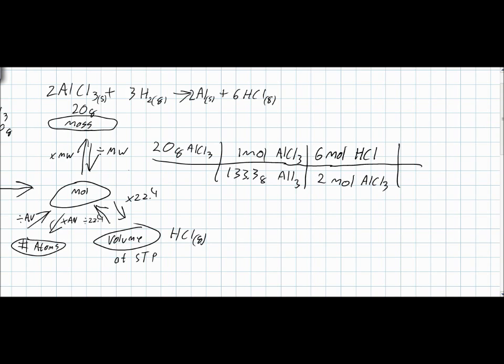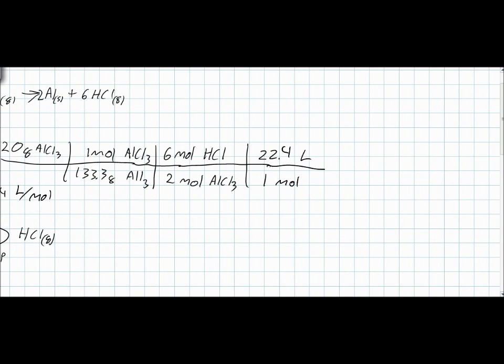And now we are here, but we want to get here. So we multiply by 22.4 liters per mole. So 22.4 liters divided by 1 mole, and this is of the hydrochloride gas.